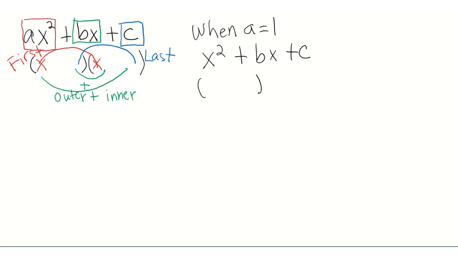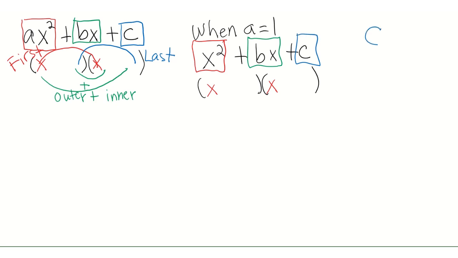And when I go to factor this, because I don't have a coefficient in front of my x squared, then I can just take the square root of x squared, which is x. And there you go. We've already solved our first value for this x. So now I need to find my b values and my c value.